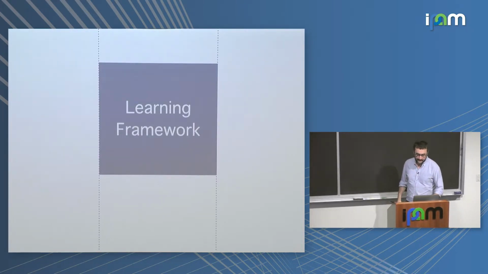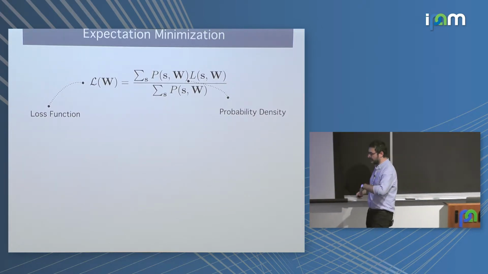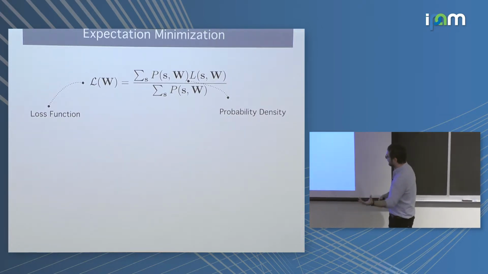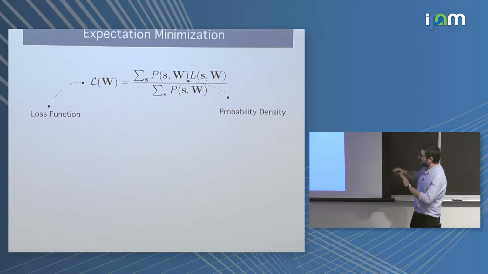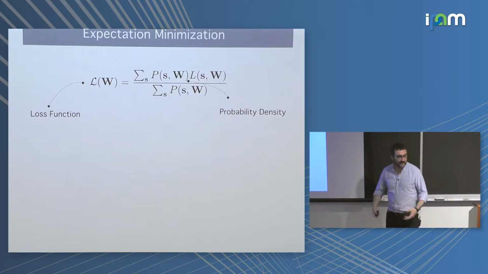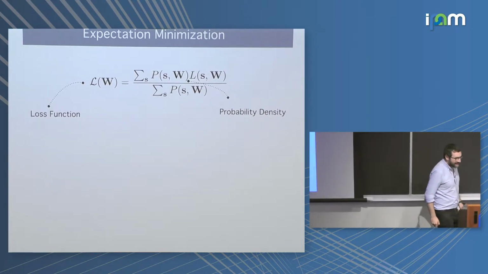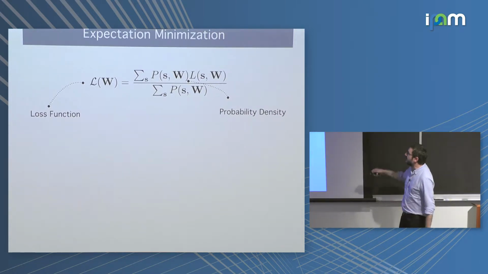However, the learning framework that is common to both data-driven and simulation-driven approaches is mathematically well-defined and relatively simple. It's basically an expectation minimization problem, from a machine learning perspective, where your loss function, the thing that you want to minimize, depends on the weights in the network.